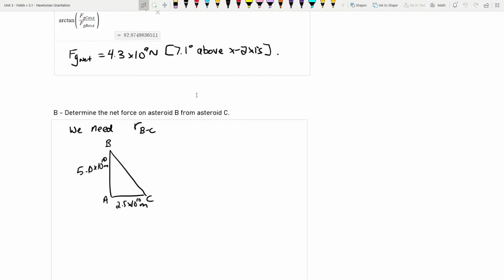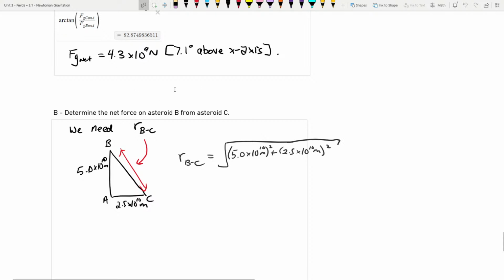And so the question is, what's that? And to get it, it's not a big deal. Just Pythagorean Theorem, because it's 90 degrees. We can say the radius, or the distance from B to C, is just going to be the square root of 5.0 times 10 to the 10 meters squared, plus 2.5 times 10 to the 10 meters squared.